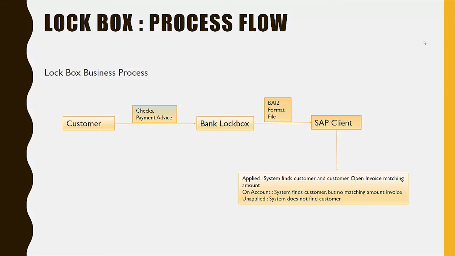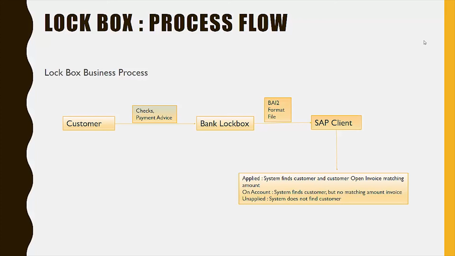The company's SAP system receives this file, processes it, and posts all these checks in the SAP system. Once the file is posted in the SAP, the bank account gets debited with the amount of money received, and the customers who have made the payment have their accounts credited.